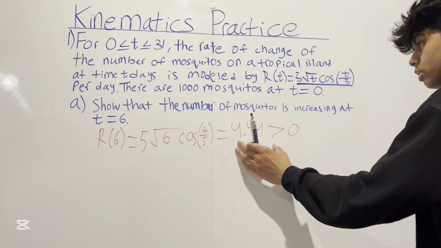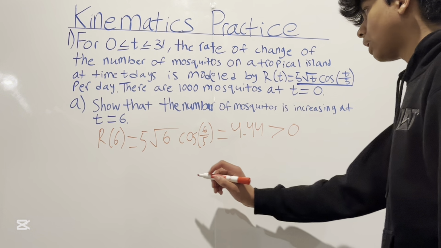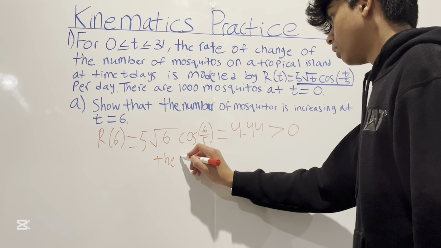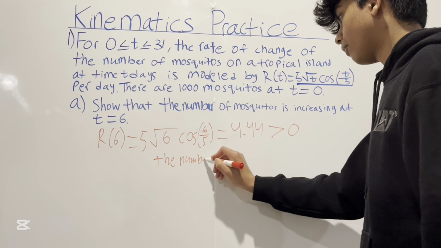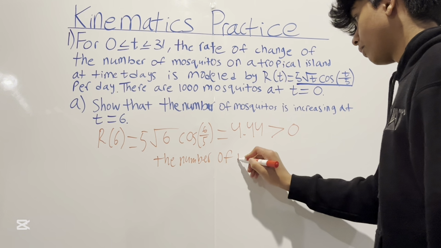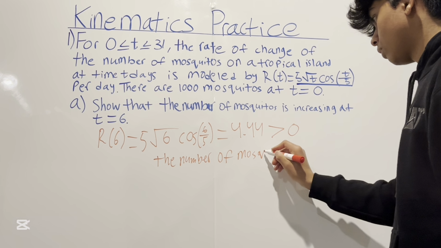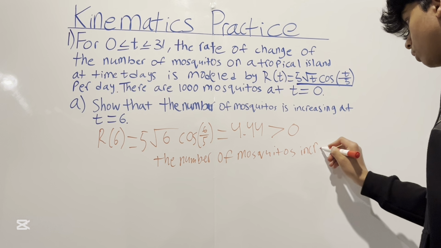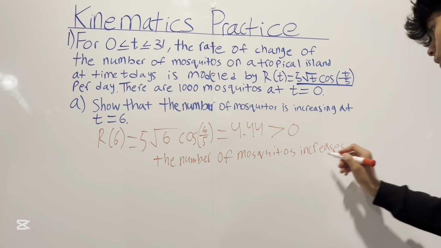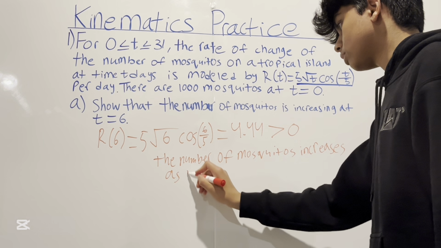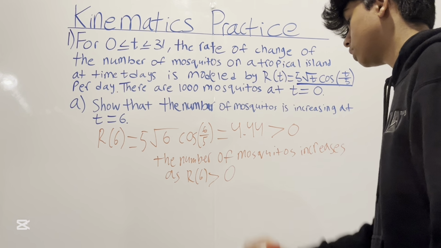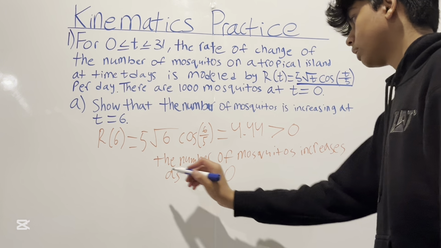But since 4.4 is a positive number, we can say that the number of mosquitoes increases as r of 6 is greater than 0. And this is our final answer.